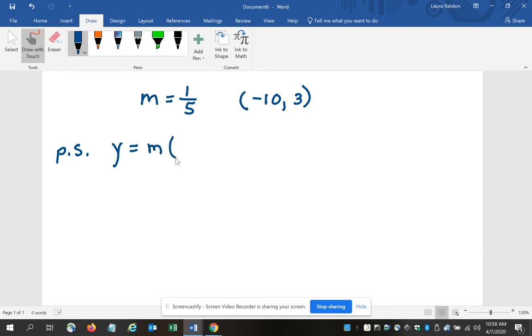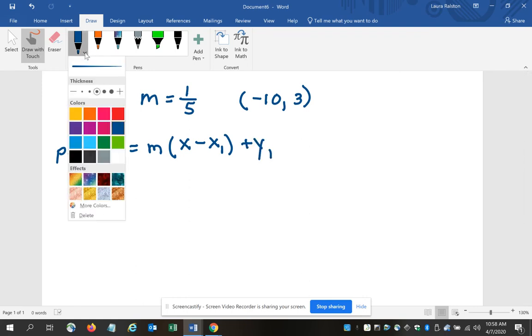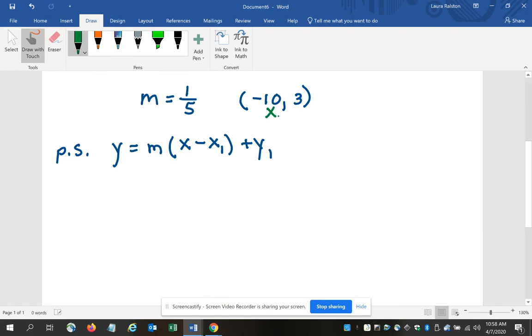It's y equals m times the quantity x minus x1 plus y1. At that point, guys, it becomes a straight plug and chug because I have the slope, then my ordered pair is x1, y1. So if I substitute in, I have y equals 1/5 times x minus the minus 10, which really is plus 10, plus 3.